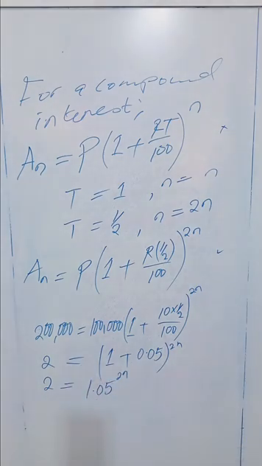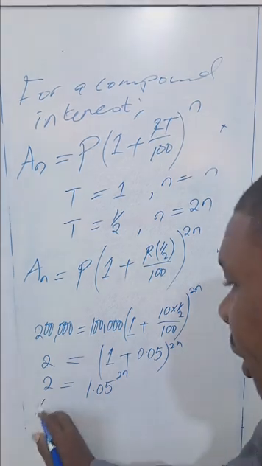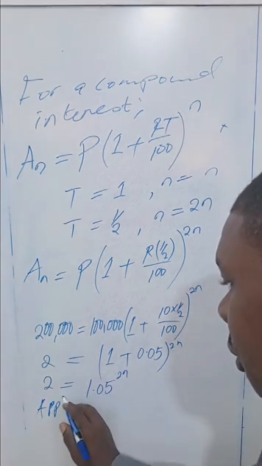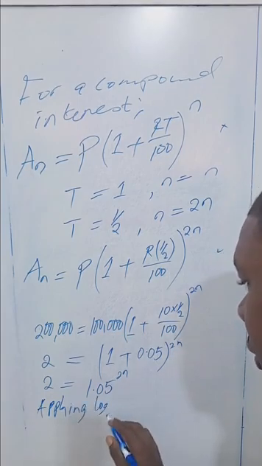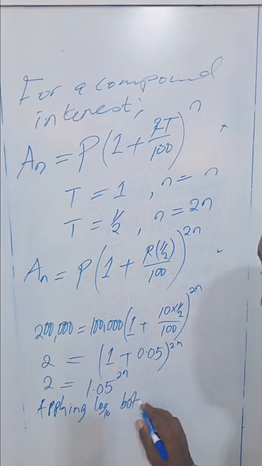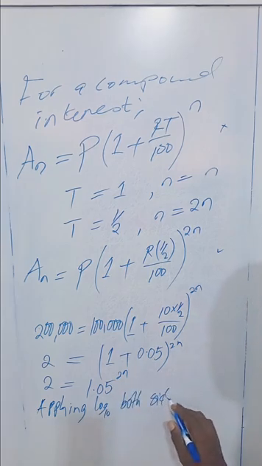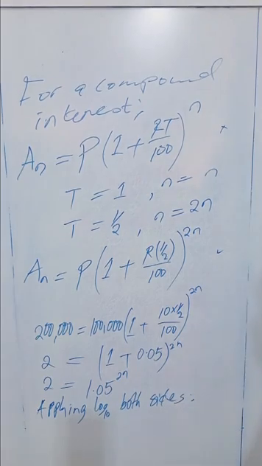When neither of the two apply, then we are forced to apply logarithm to both sides. The simplest one is the common logarithm, that's logarithm to base 10. So applying log to base 10 both sides. What do we get?